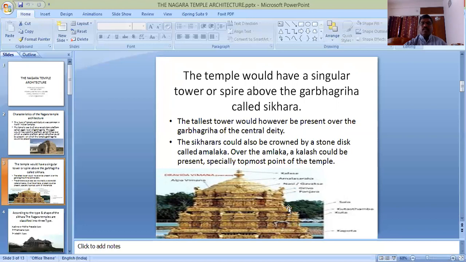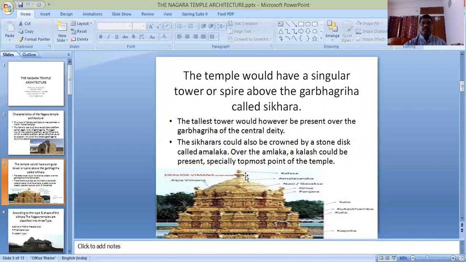That means the garbhagriha, where the central deity is situated, and from the garbhagriha, the tallest tower up to the amalaka was called shikhara. The shikharas could also be crowned by a stone disc called amalak.